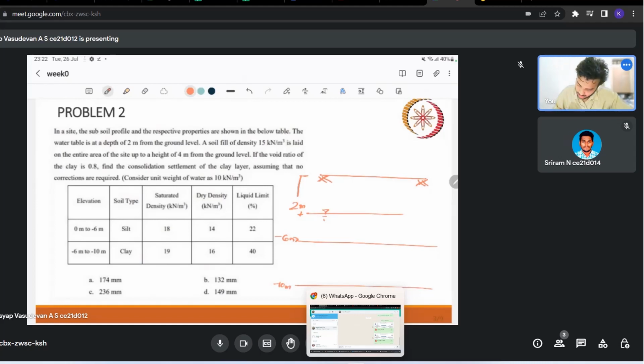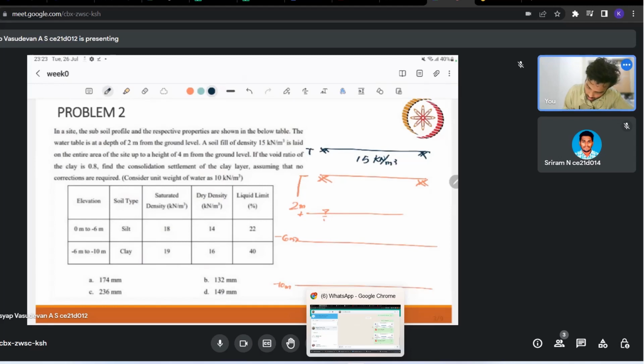It is said that soil fill of density 15 kilonewton per meter cube is laid on the entire area of the site up to the height of 4 meter above ground level. So above ground level, we have a new fill coming up, which is of 15 kilonewton per meter cube.